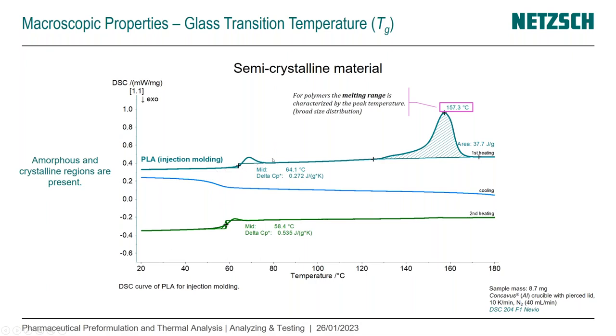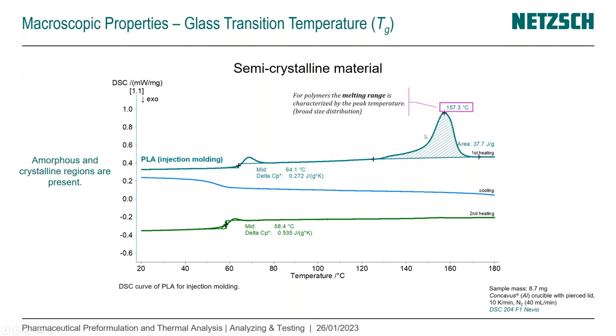We have here the first step, the first endothermic effect, which is a glass transition, characteristic of an amorphous material, and here we do have a melting range. And as I said before, for polymers we have a range, and the peak is the important number.